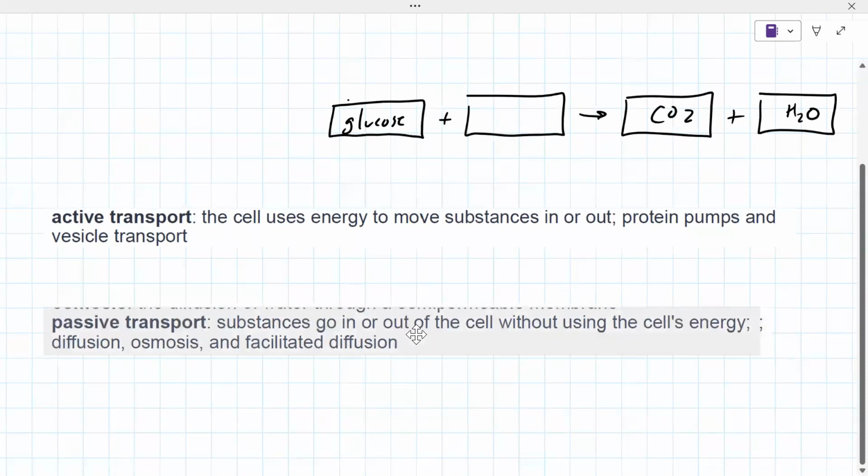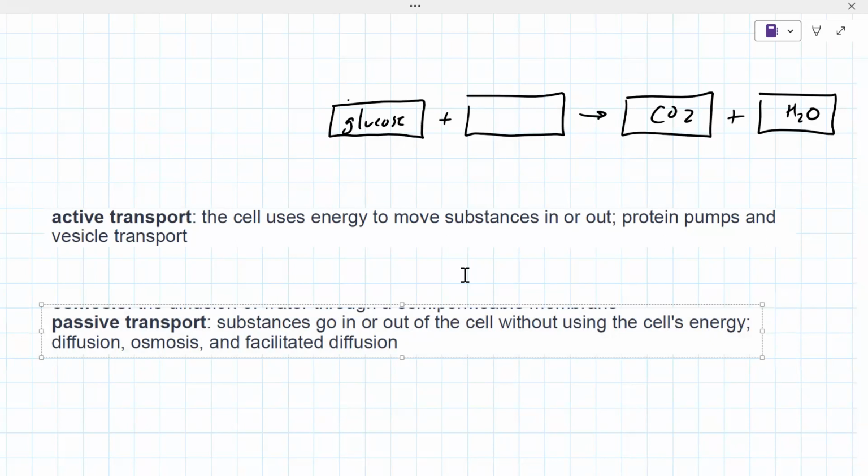Could you read active transport or passive transport, one or the other for us? Active transport: the cell uses energy to move substances in or out, protein pumps and vesicle transport. Okay, and passive transport.